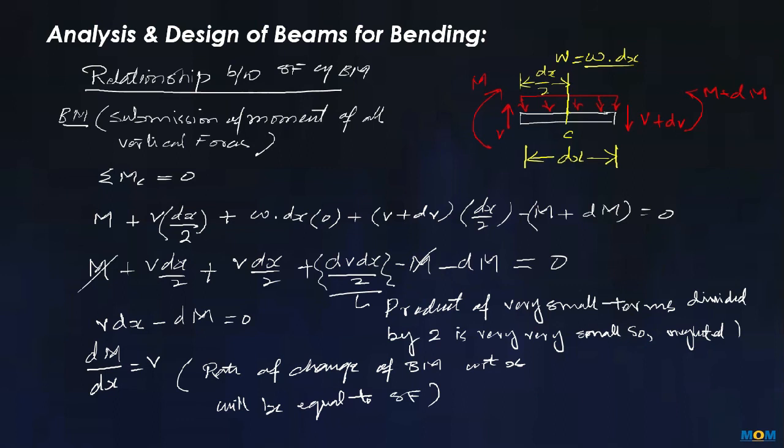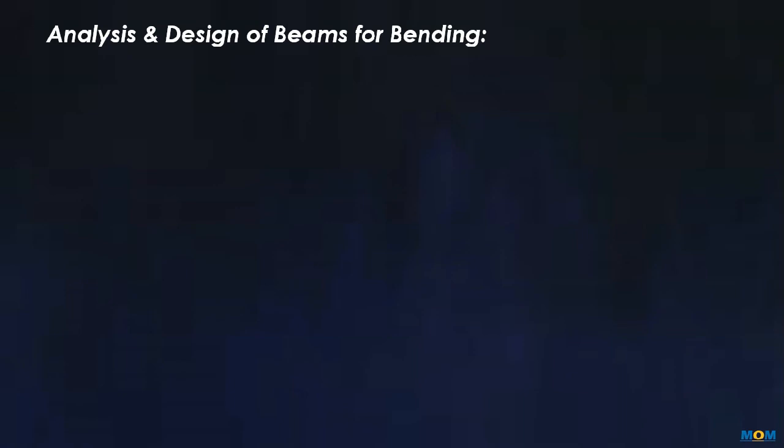So in fact we have dV upon dx is equal to minus omega, the intensity of the load, and dM upon dx is equal to V. Now with this we end our discussion here.